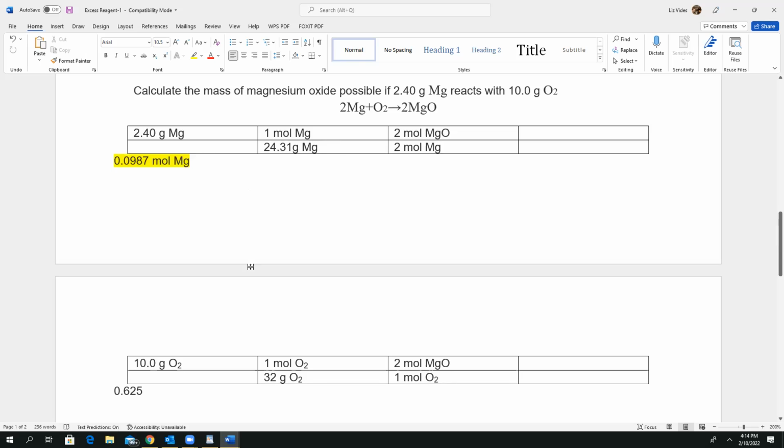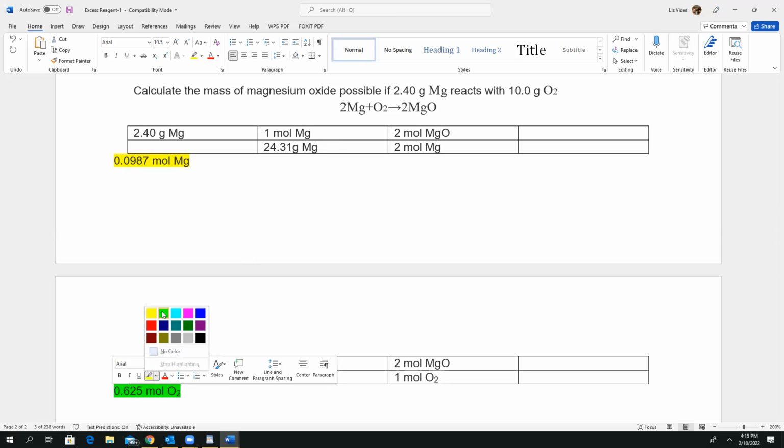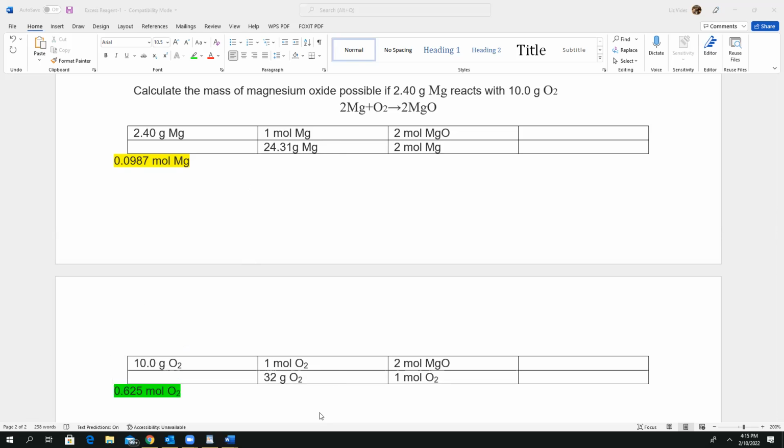That's limiting. And our excess reagent, let's just say moles of O2, we're going to highlight it in a different color, and that's our excess, so let's make it green. Okay, all right. So in order to figure out how much product we're going to have, we'll just keep going on the top one, right? Makes sense. We don't have to keep going, in other words.